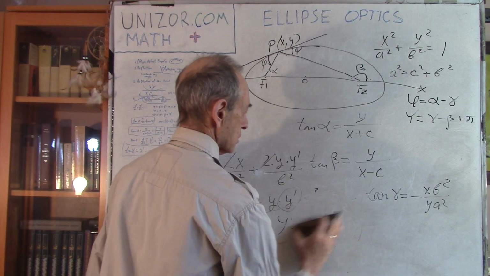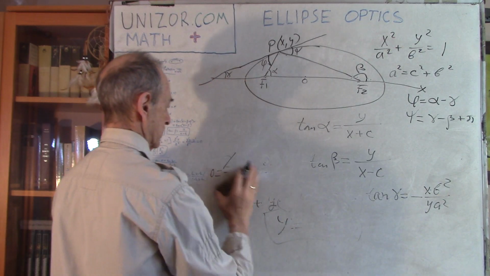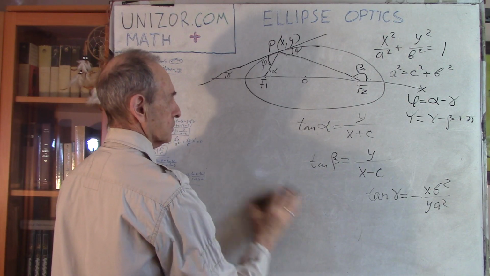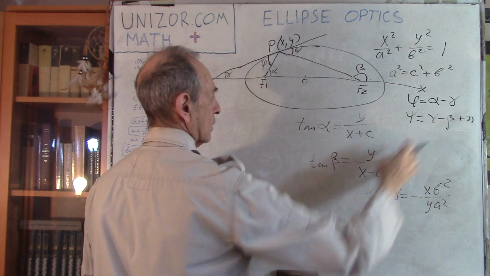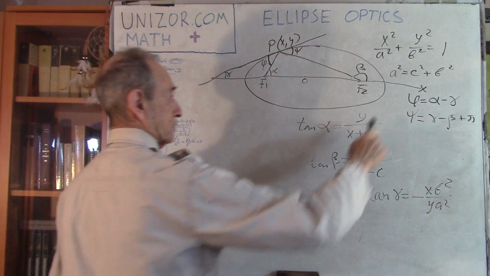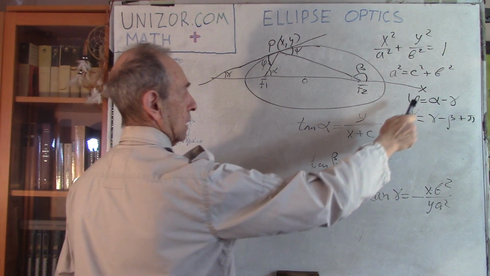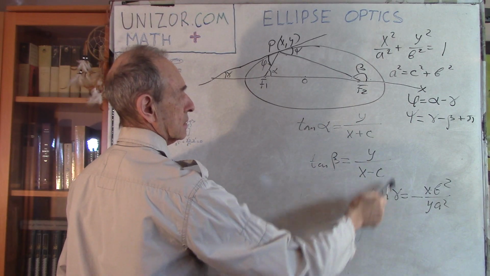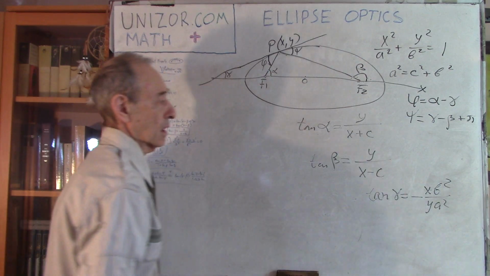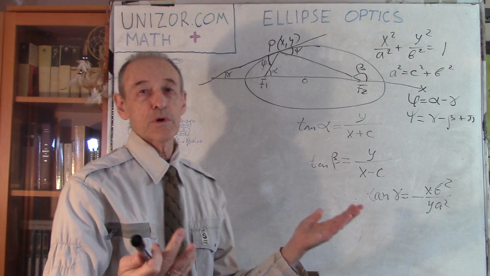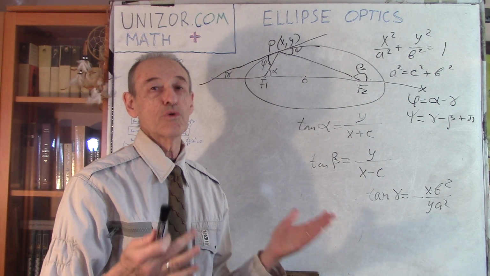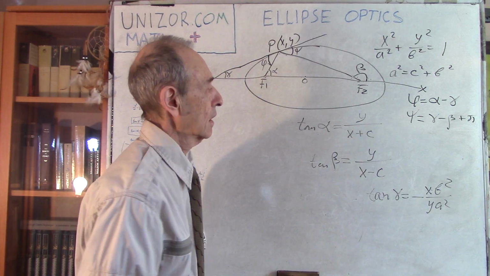So I have tangents of all my angles, and using the formula for the tangent of the difference between two angles, I can calculate the tangent of phi using alpha and gamma, and the tangent of psi using beta and gamma, and just compare these two formulas. And if you do it, you will see that these two formulas are exactly the same.